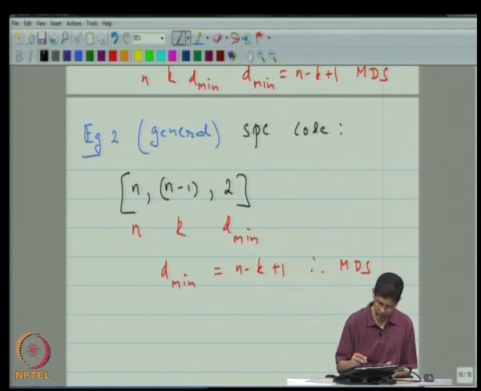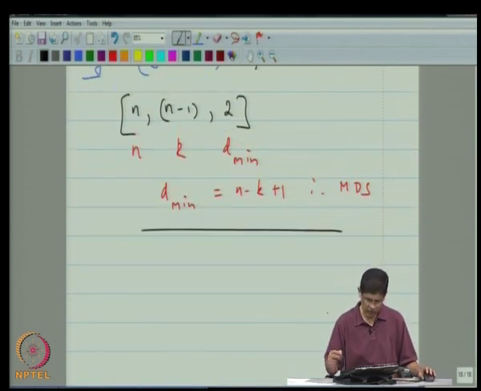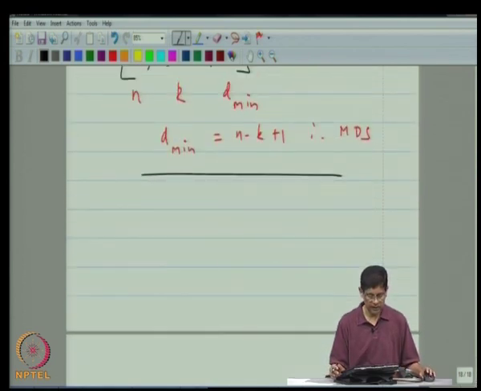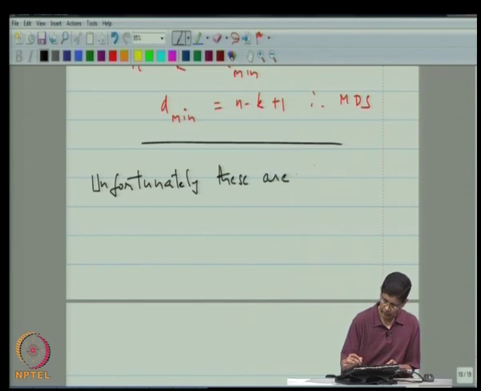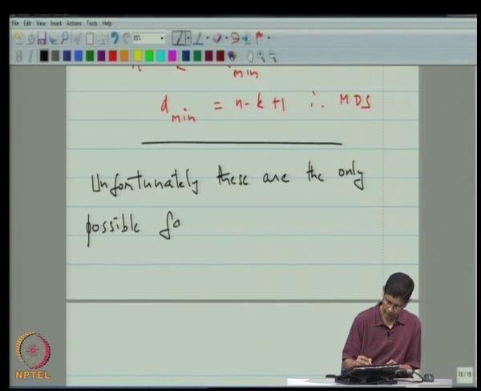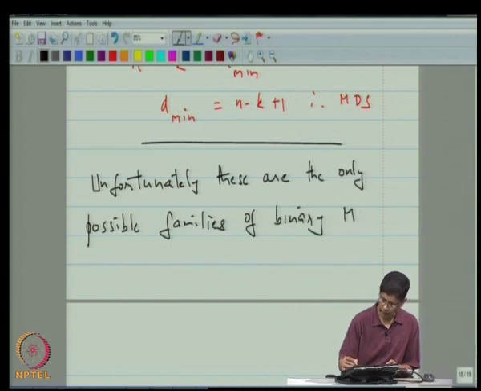And from this you might be tempted to conclude that perhaps it is easy to construct MDS codes, but the fact of the matter is there exist no other classes of binary MDS codes. These are the only possible families of binary MDS codes.